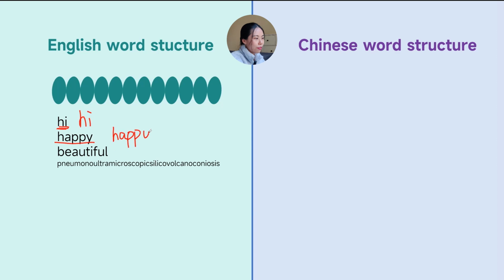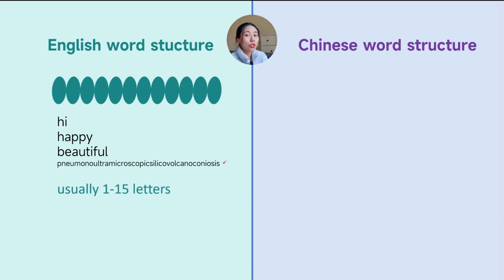You will write from the left to the right. Same, like beautiful, you will write from the left to the right. Even if you are going to write the longest English word in the world, you are still writing from the left to the right. Pretty simple. And I did some research online. Usually there are 1 to 15 letters in a word.